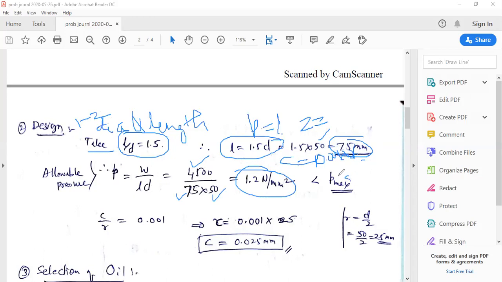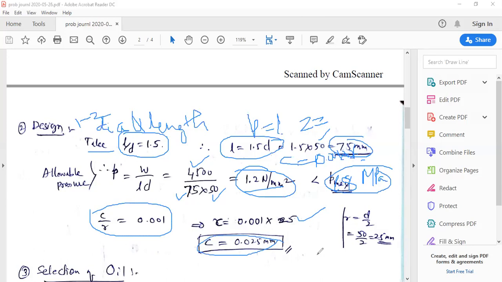The maximum pressure that is recommended here is 1.8 megapascal, or Newton per mm square, so the calculated pressure is less than the maximum pressure itself. So the allowable pressure can be accepted here. Then the C by R ratio is given as 0.001, so C is equal to 0.001 into 25, that is the radius. So the value of radial clearance C is 0.025 mm.